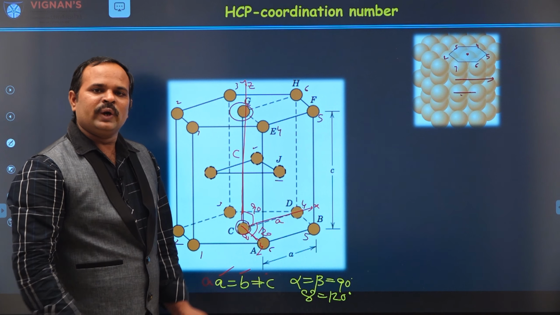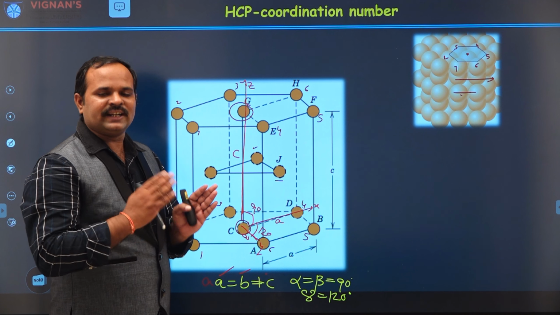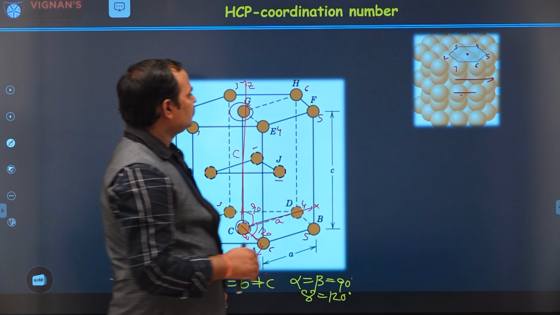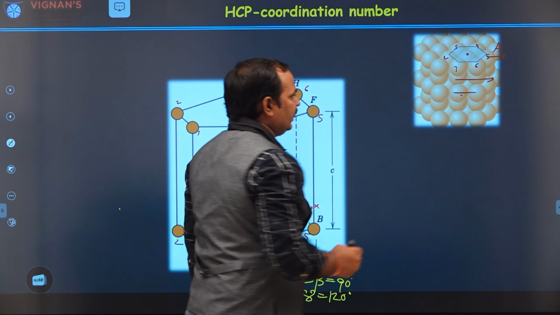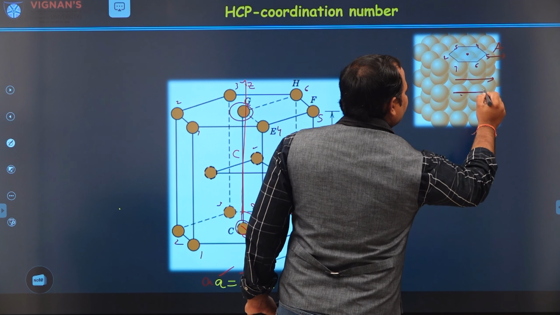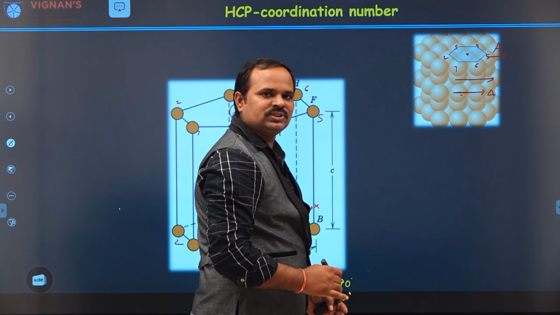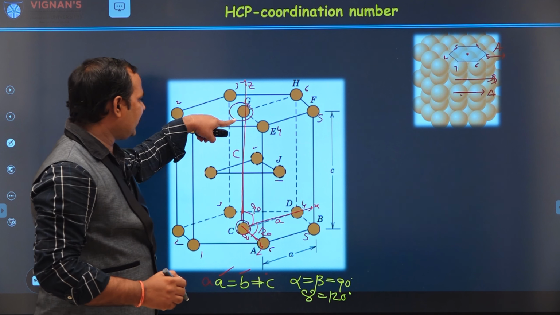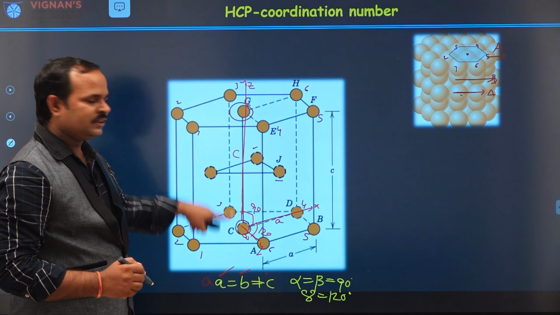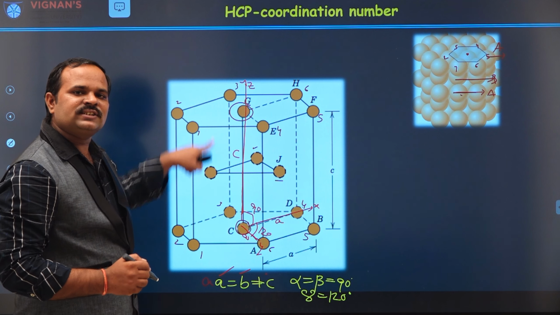That means we can say a hexagonal lattice is a combination of an A-type layer, and again an A-type layer of atoms, and between them there is a B-type layer.